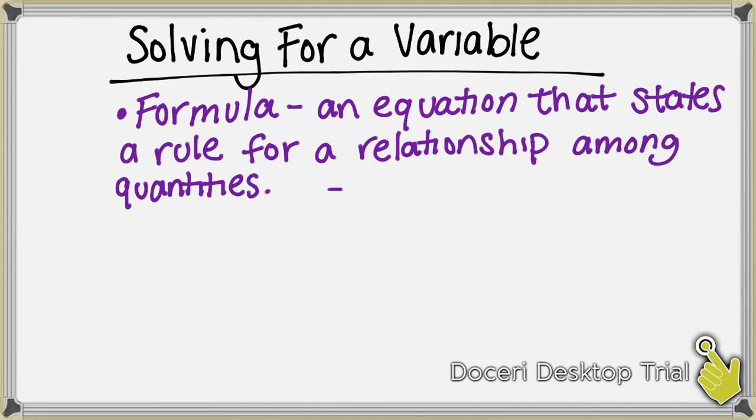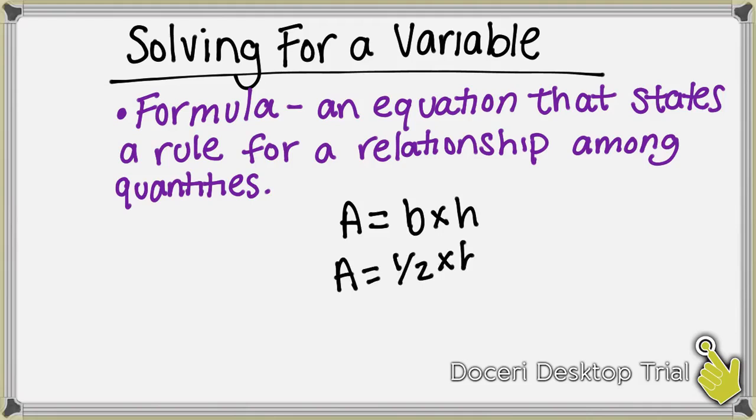All right, so you guys are probably all familiar with some formulas. There's formulas for everything. You've probably learned the formula for the area of a rectangle: area is equal to base times height, right? Or the area of a triangle would be area is equal to 1/2 times the base times the height.